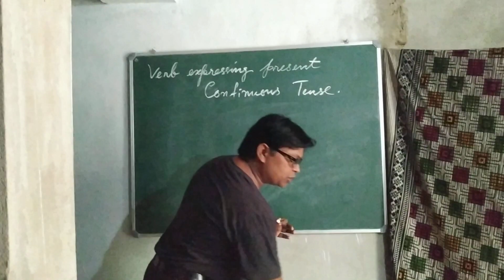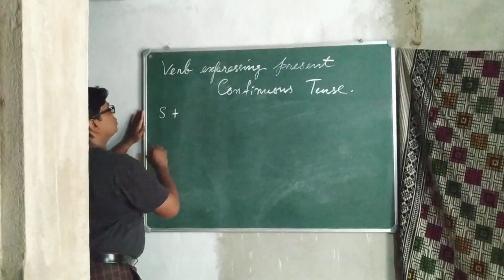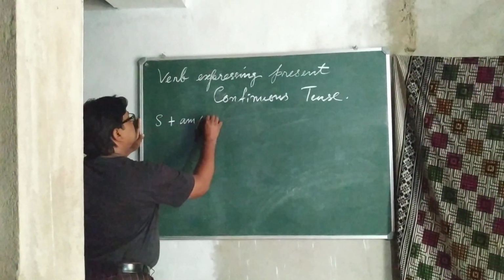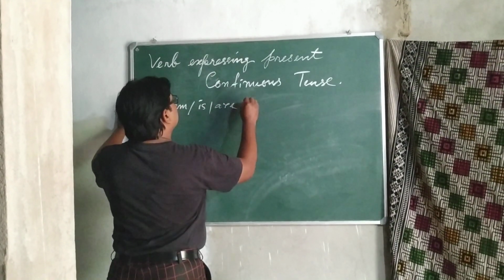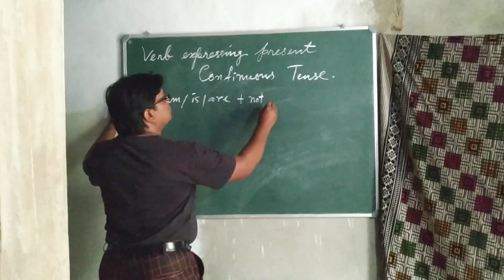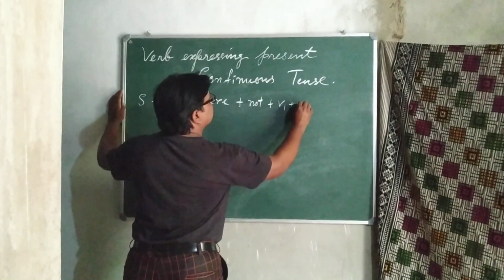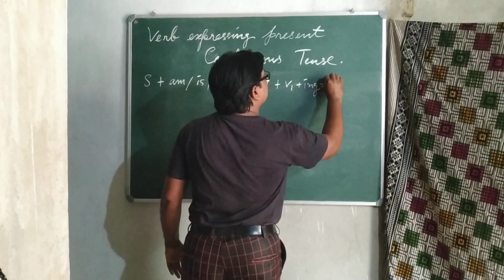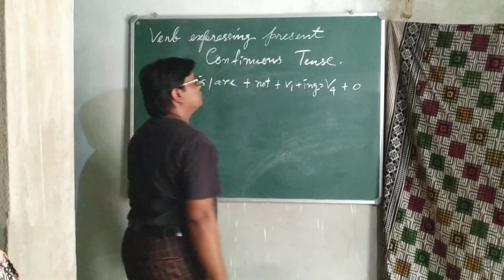The negative sentence formula will be like this: subject plus am, is, are, plus not, plus V1 plus ing, is equal to V4, plus object.